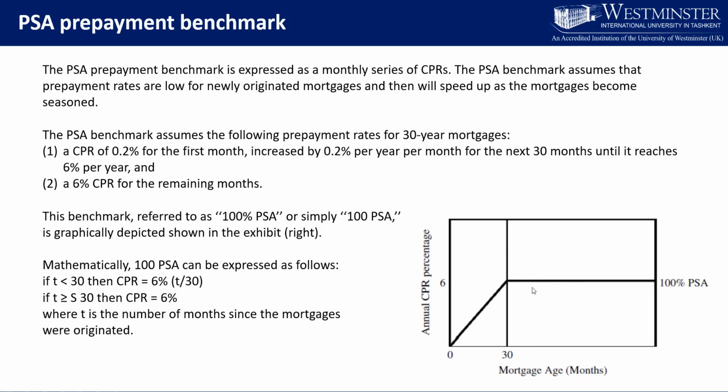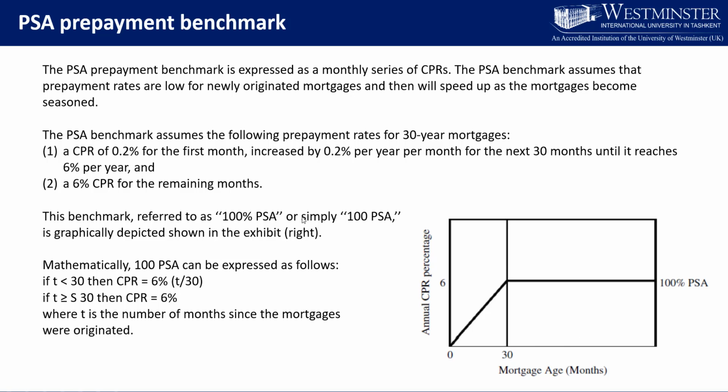It's like a ceiling, and that ceiling is benchmarked using PSA 100. 100 means the benchmark of 6%. So the prepayment rate doesn't exceed 6% after the 30th month, all the way to the last. So if there were 360 months or 30 years, it would stay at 6% from month 30 all the way to 360.